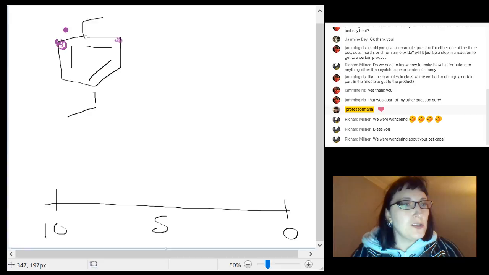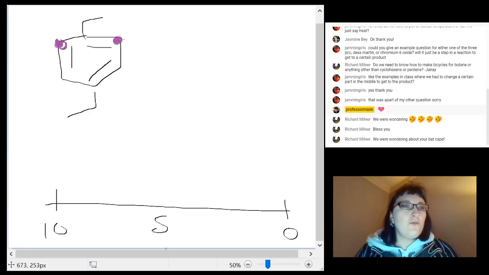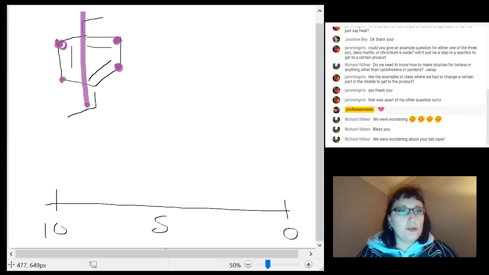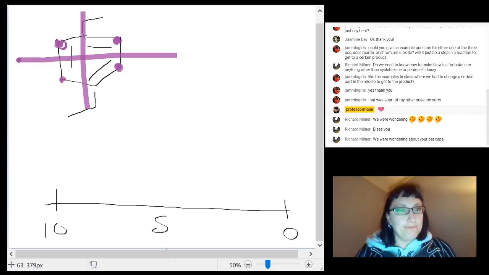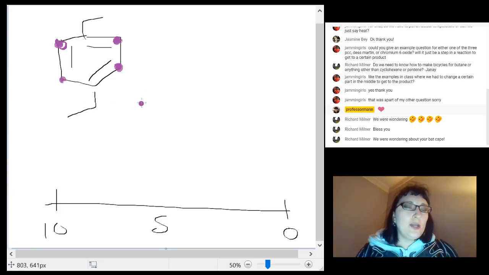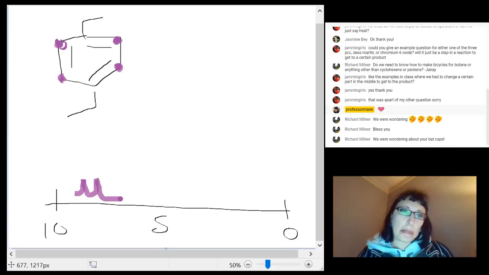Sorry, I just made a weird noise. There we go. So these four would actually be all the same because the molecule's symmetric this way and that way. So you would actually only expect to see one peak there, and it should be like a doublet.